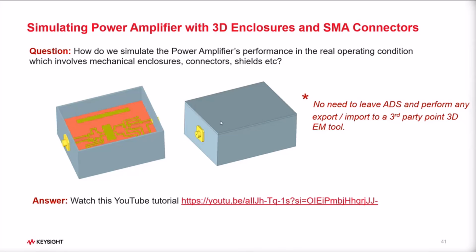Because as soon as you export the layout or import something in ADS, you break the flow, right? So that's not the point. You are an active circuit designer. Many times you see the transistor will be involved, capacitor, resistor, etc. So those standard 3D EM tools cannot simulate active circuits, and that's the problem. Your main design platform is ADS.